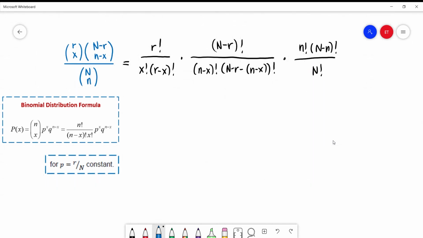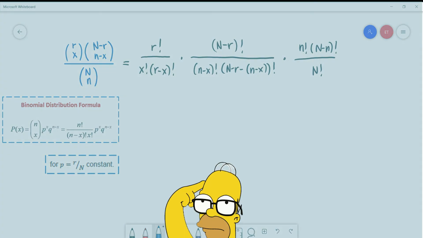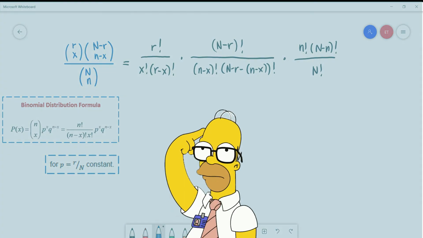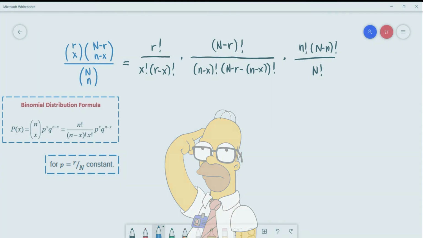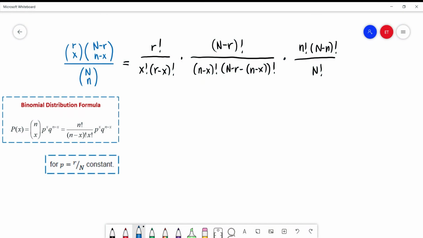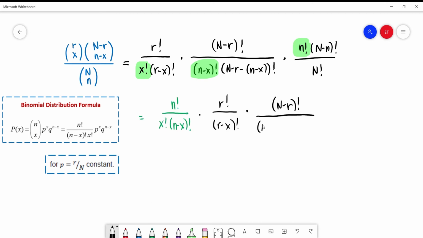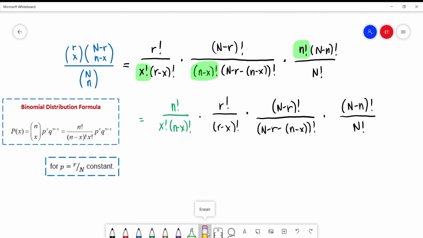Now, looking at the right-hand side, what do we do? Well, this looks familiar. This, and this. Then we can write this as n, x, and yay, we are one step closer to our goal.